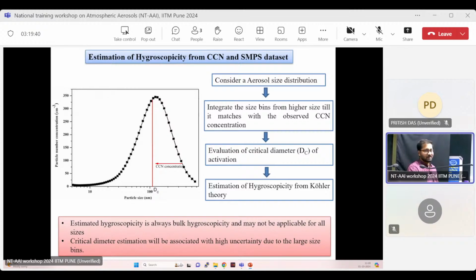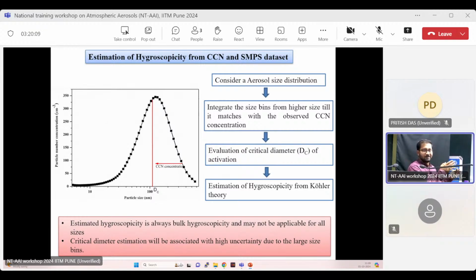You know the CCN concentration is, say, 2000 particles, and the size distribution has a total number concentration of 5000. You back integrate from the highest sizes to the point where the number concentration from SMPS equals the number concentration from the CCN counter.